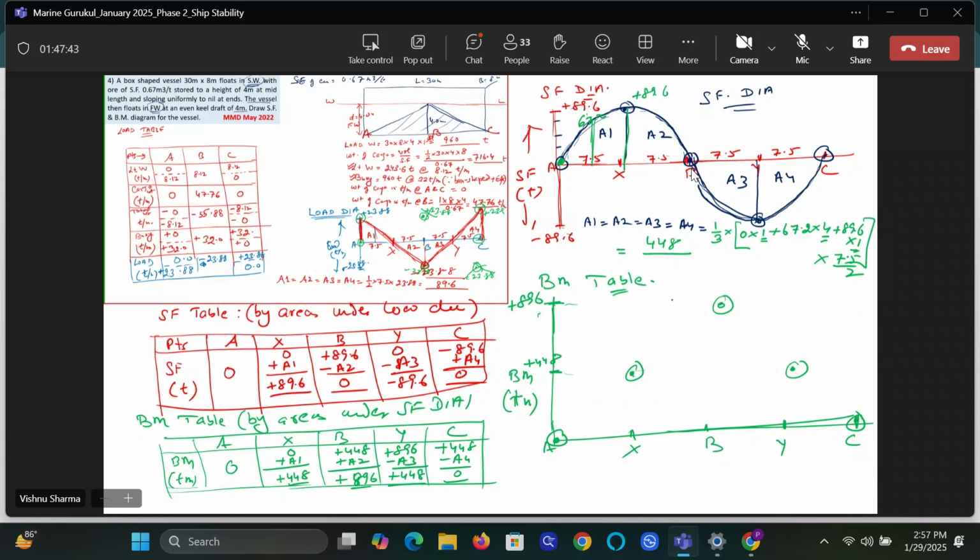Because in the curve, initially the rate is less at A, and the rate of change of area is peaking at X, then it starts reducing and again becomes 0 at B. Then it starts increasing on the negative side, becomes maximum at Y, and then again 0.